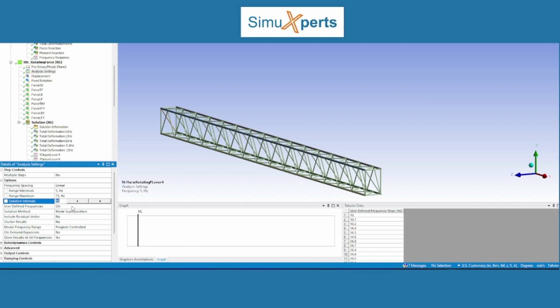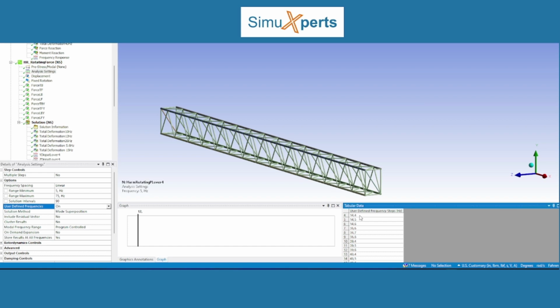Very important too, and we'll see that when we look at the response: because our system is low damping, it's important to make sure that we define our own user frequencies, which correspond to the mechanical natural frequencies of the structure. So that's what I've done here in this table of 18 rows.